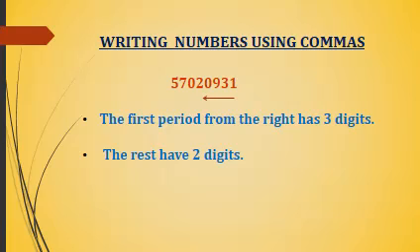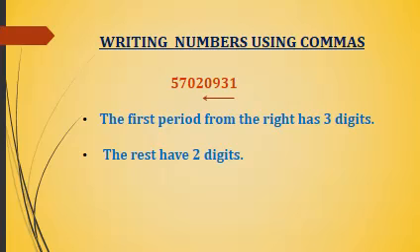Now we will learn how to put commas to separate the periods. We will take one example. 5, 7, 0, 2, 0, 9, 3, 1. First check the place value of each digit. Whenever you want to put a comma, you should move from right to left. The first period from the right has 3 digits. The rest have 2 digits.